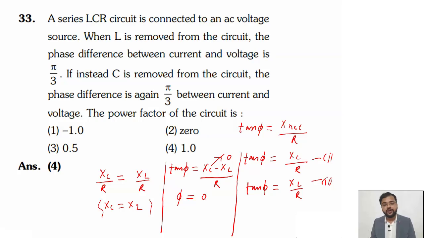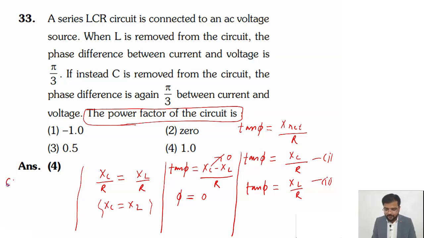And what is being asked in this question? The power factor of the circuit. We know the power factor formula is cos phi. Cos phi is the power factor. So phi is 0 here, and cos 0 value is 1. So option number 4 is correct here.